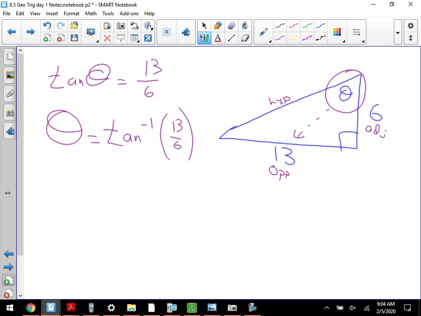Theta will equal whatever trig function it is to the inverse of the number divided by the other number. Your trig functions all still mean the same, still opposites, hypotenuses, and adjacents, they're all still in the same positions. They're all still found the same ways.